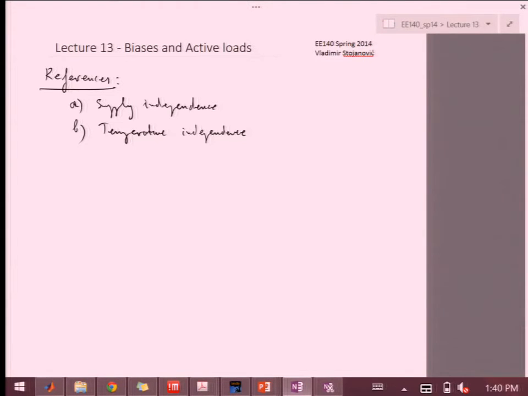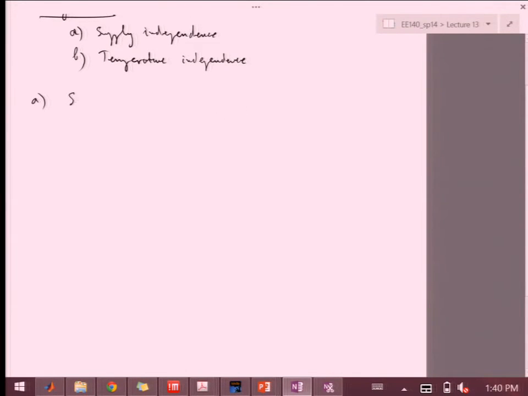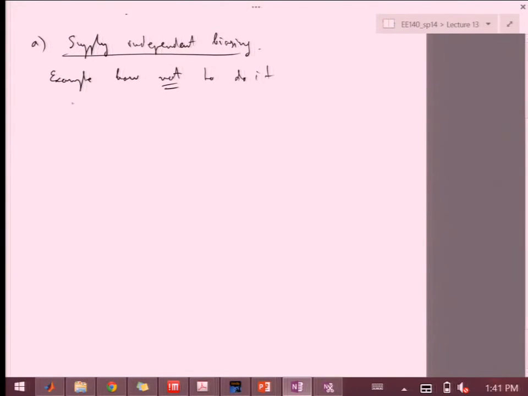And there's civil spec and military spec, but those are the ranges you're talking about. So let's take a look at this supply independent biasing. So let's do first an example of how not to do it. Right. And you may already know the answer to this.